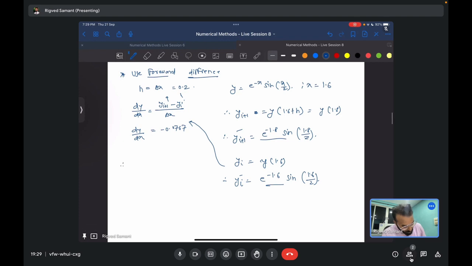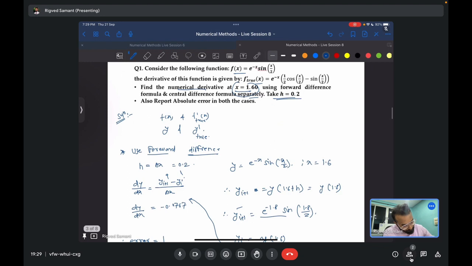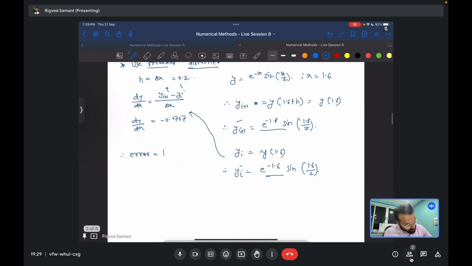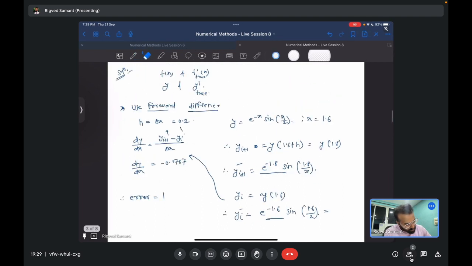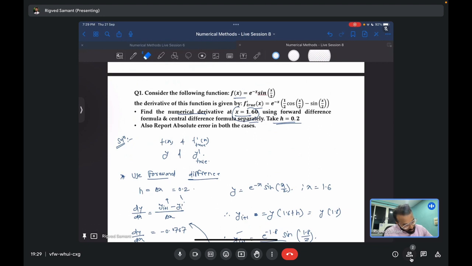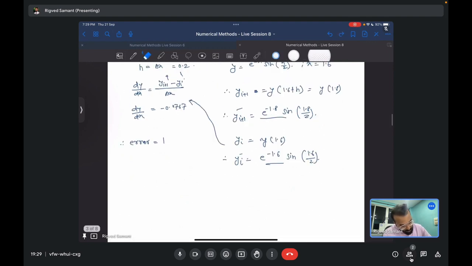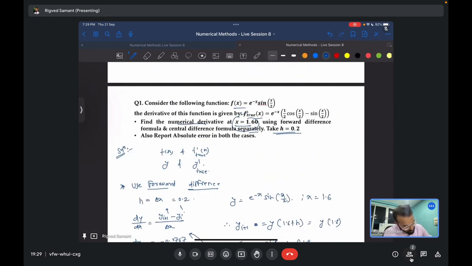So if you calculate the absolute error, for calculating absolute error you will require a true value, right? To calculate the true value, you have to use the second equation, that is this equation.